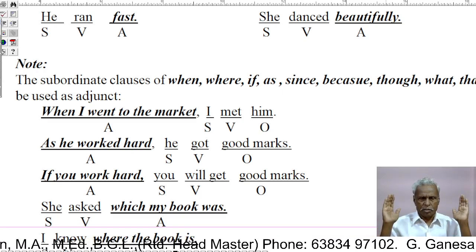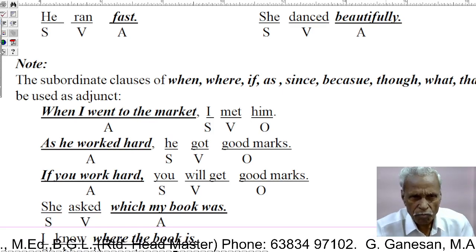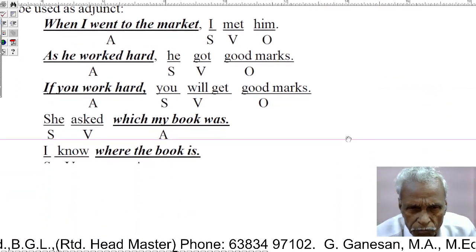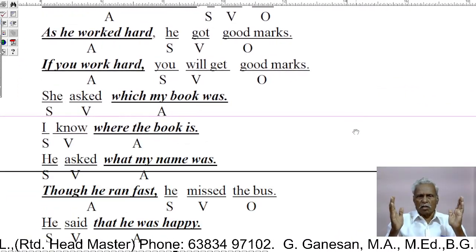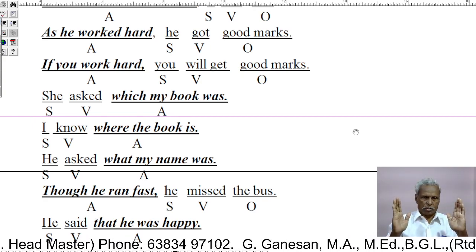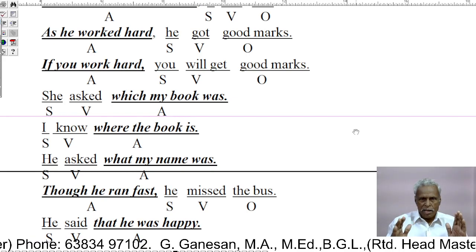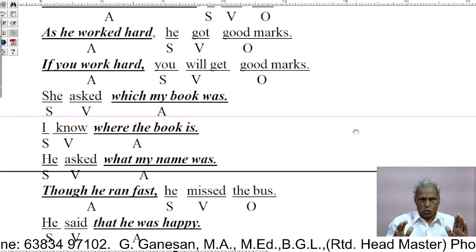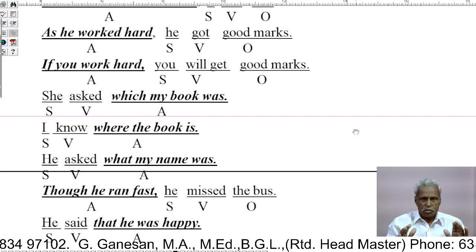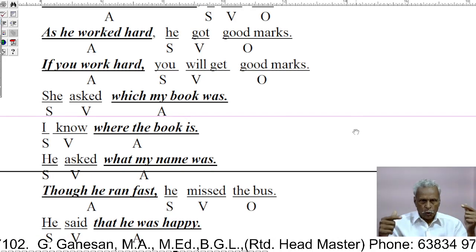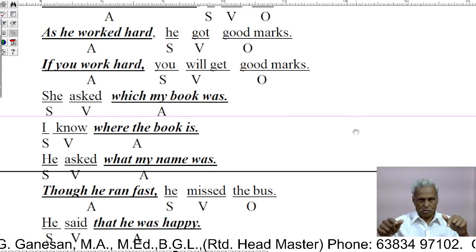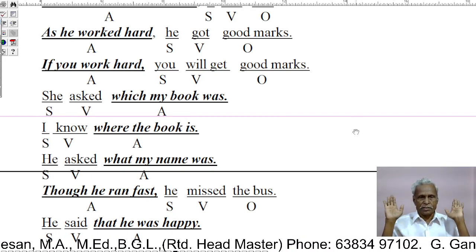As he worked hard is the adjunct. If you work hard, you will get good marks. If you work hard is the adjunct. She asked which my book was. Which my book was is the adjunct. I know where the book is. Where the book is is the adjunct.